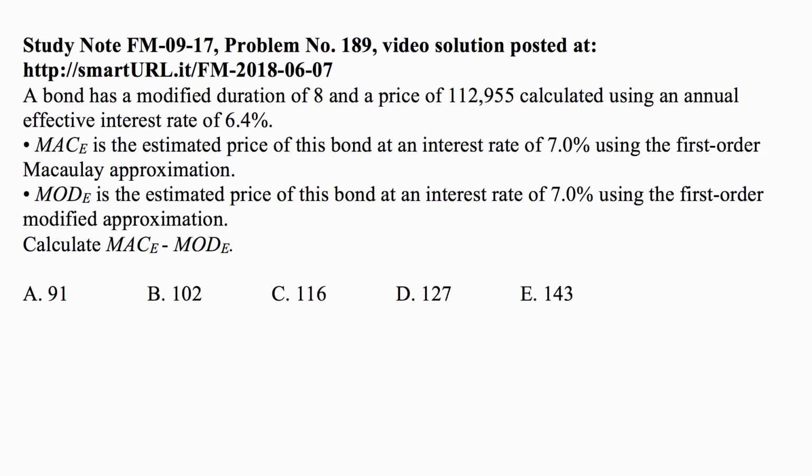MAC subscript E is the estimated price of this bond at an interest rate of 7% using the first order Macaulay approximation. And MOD subscript E is the estimated price of this bond at an interest rate of 7% using the first order modified approximation. Calculate the difference of these two, Mac E minus mod E.